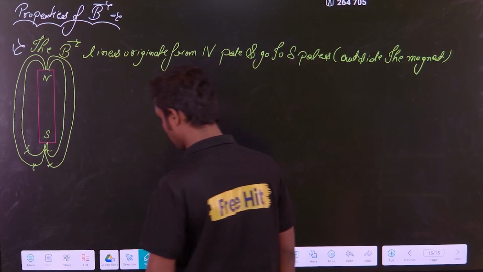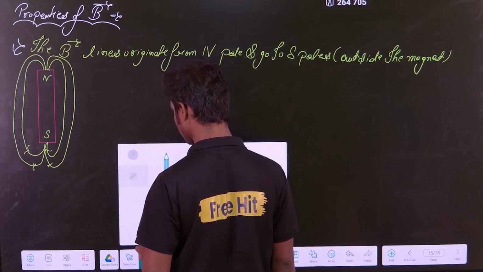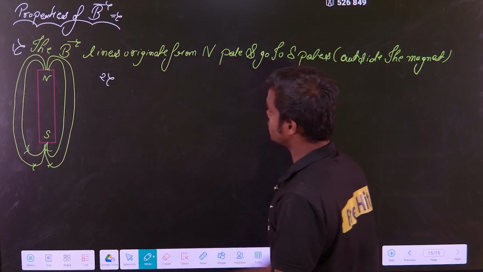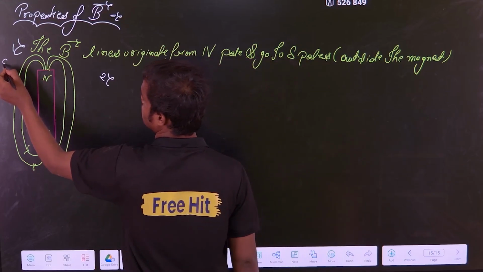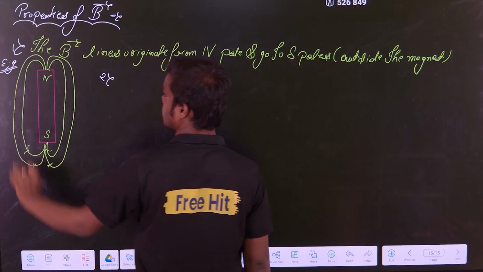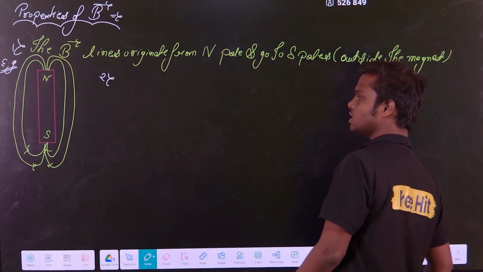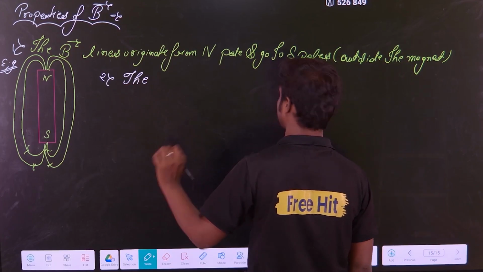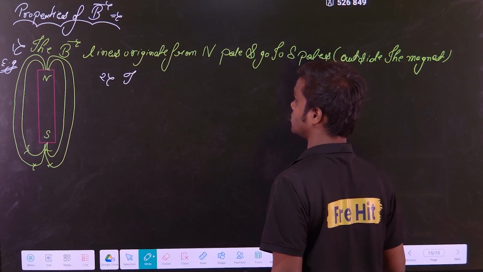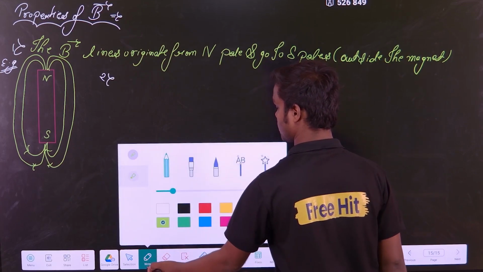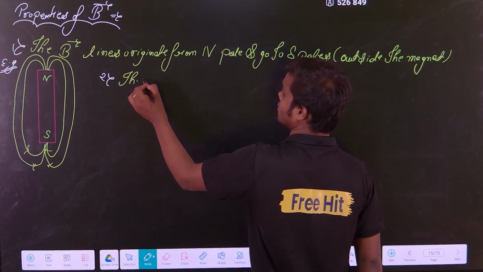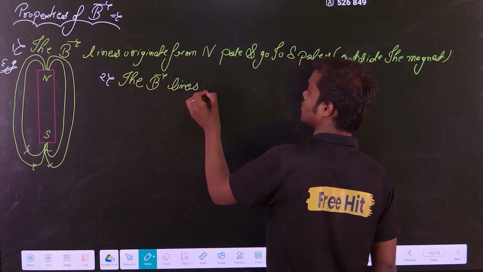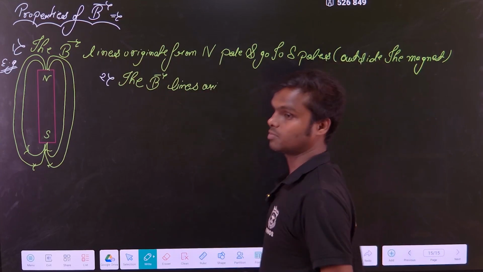Clear? Okay, what is the next property? Next property is very simple.